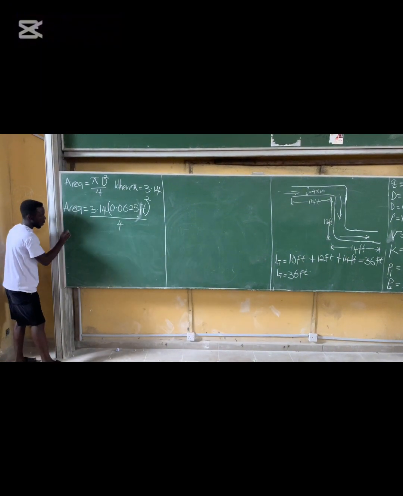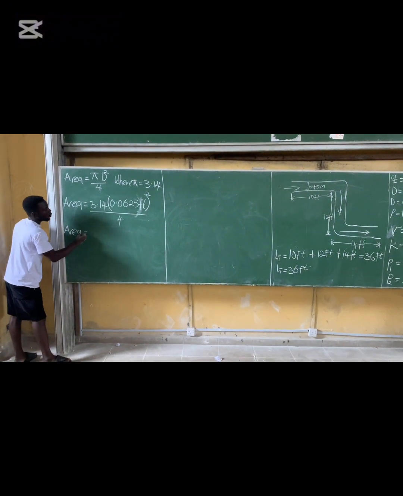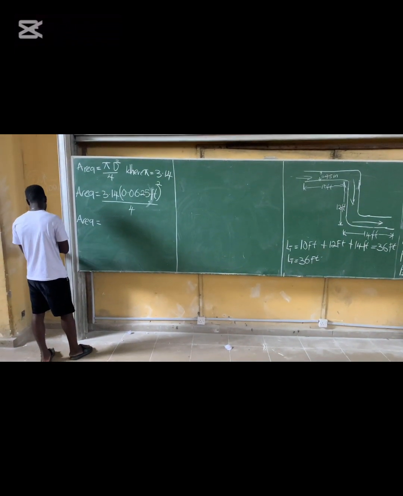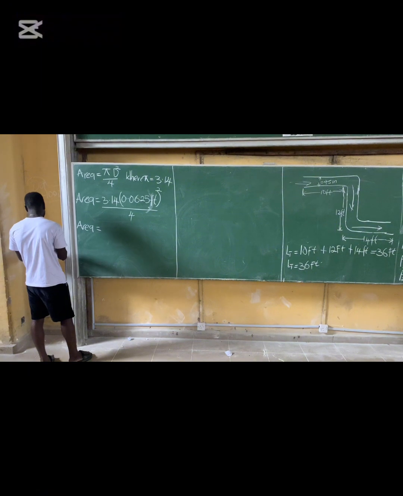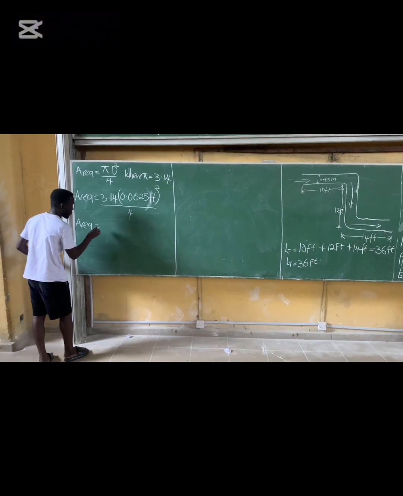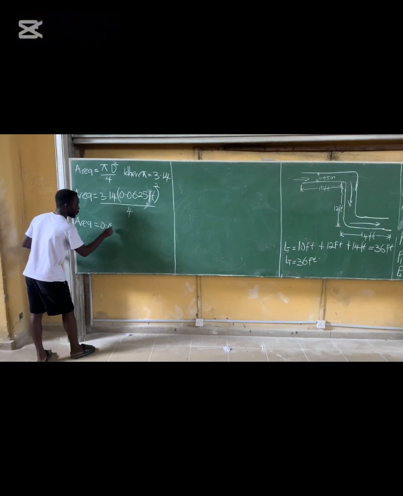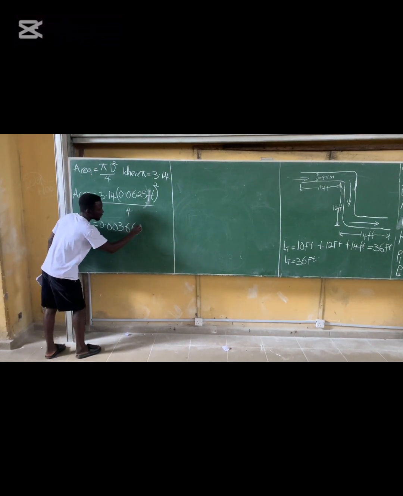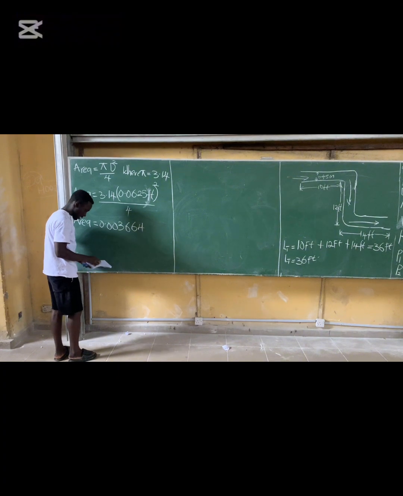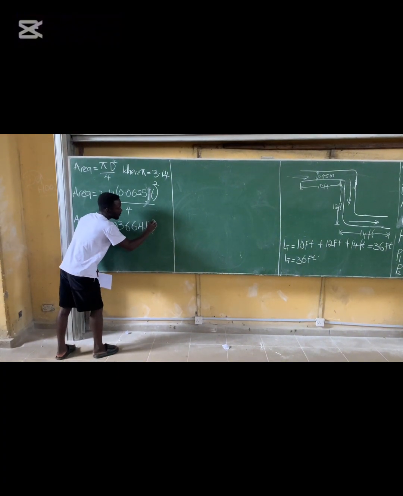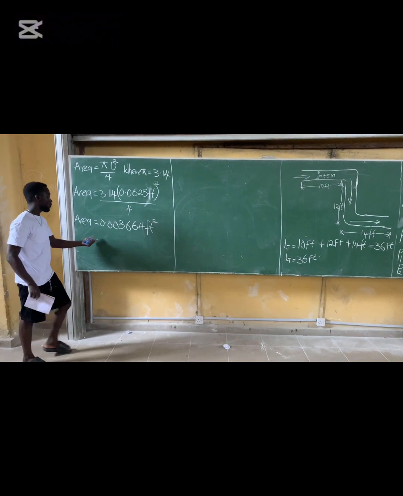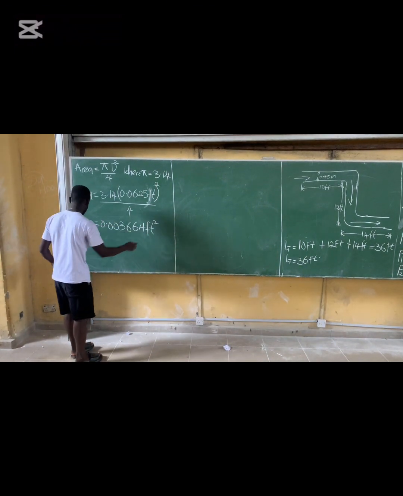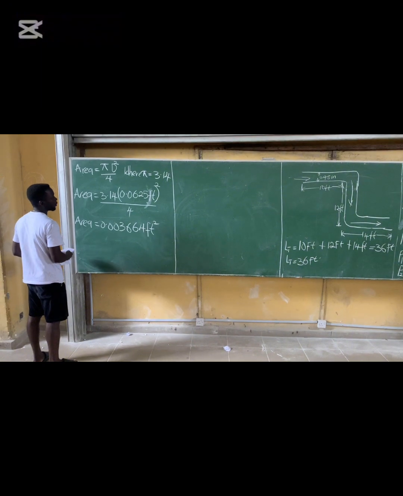So therefore, computing this, we are going to have area as 0.003068. The unit of area is in square feet. That is how you calculate your area.